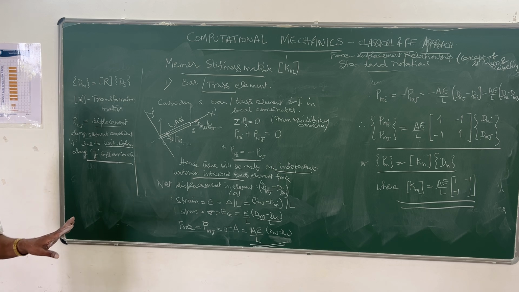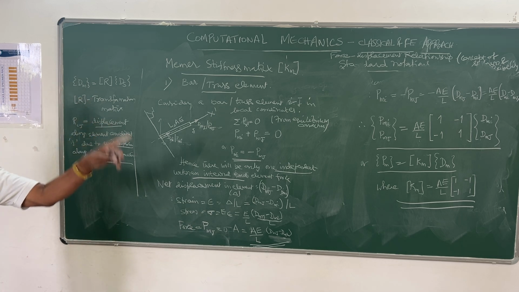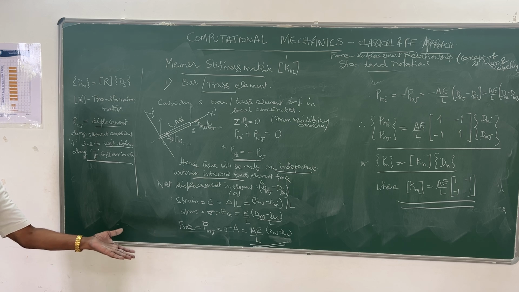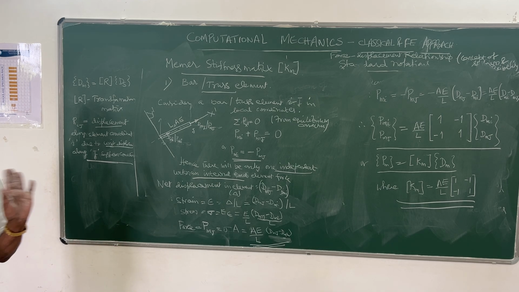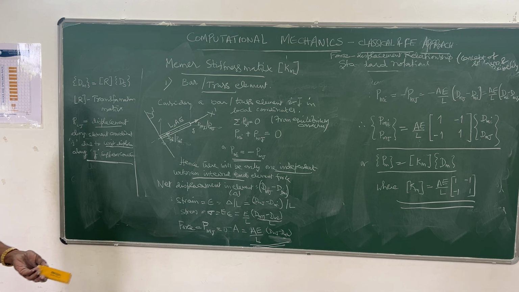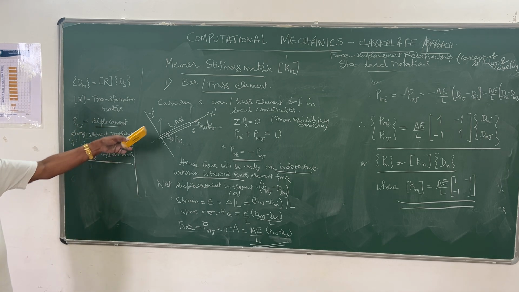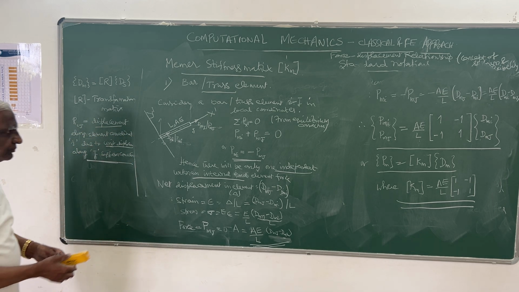Like that for all the members, you can write it. Assemble, you will get global unassembled stiffness matrix. Then you transform to global, then use acceleration. That's all. Analysis is very, very simple. You can write a program easily, so it won't take more time. You can write easily the program, do for any number of coordinates. Okay?